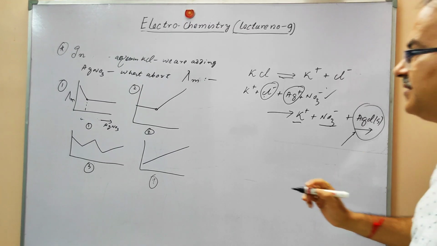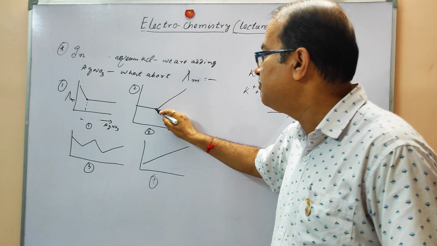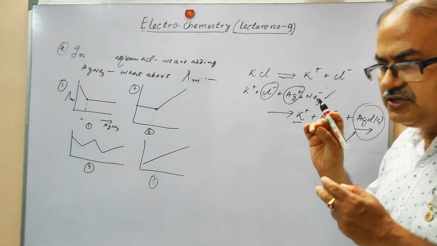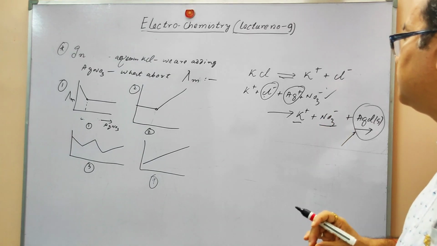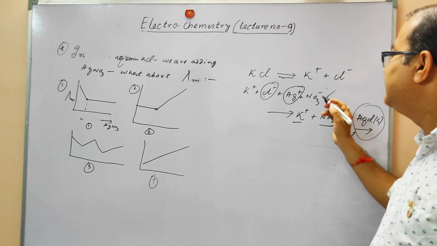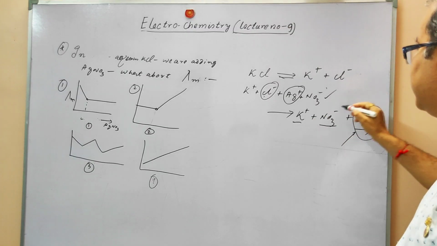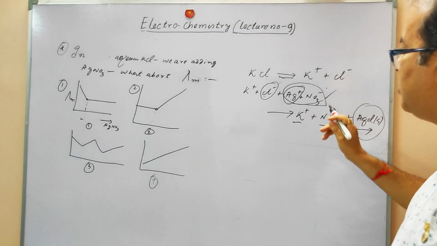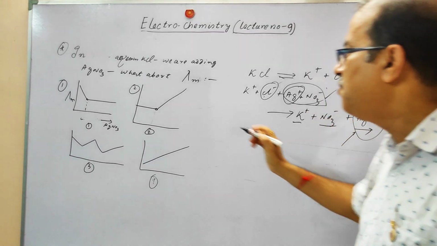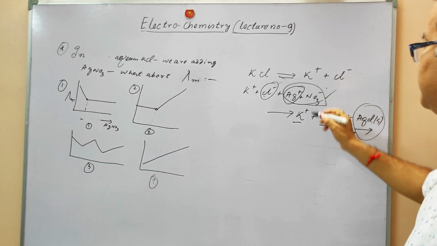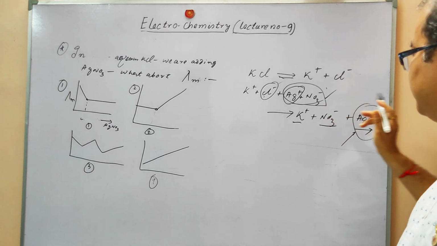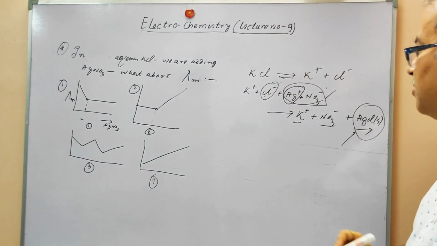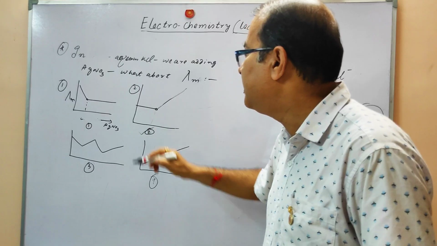So if the ions are constant, then molar conductivity will be constant up to this point. And as we go on increasing the AgNO3 solution in the KCl solution, what will happen? The Cl minus will be finished, but Ag plus and NO3 minus will go on increasing. So after this point, when the complete precipitate has been produced, there will be an increase of the conductivity. So this will be the right answer.